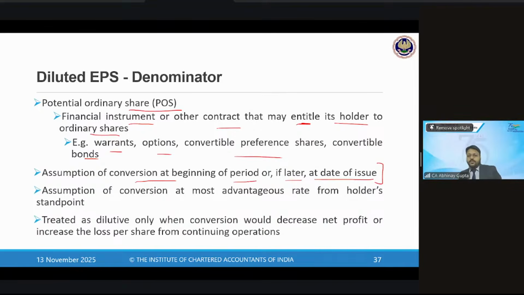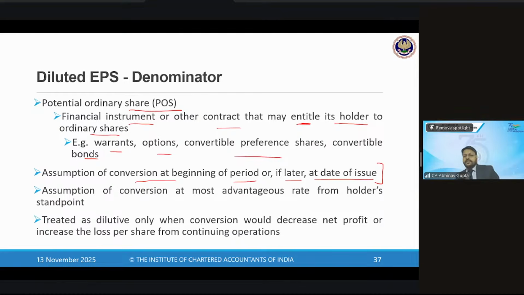Now, at the time of the conversion, if the company says that instead of two, I will give three equity shares for one share, then what adjustment will you do in the denominator? By the two shares or by the three shares? Three shares, because we will take effect of the latest terms and conditions if any of them are getting revised, right?